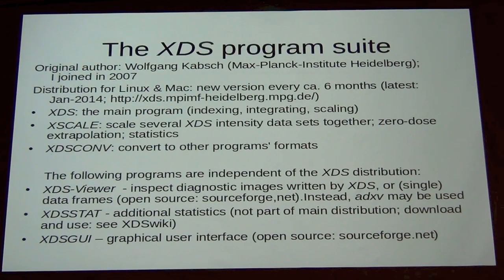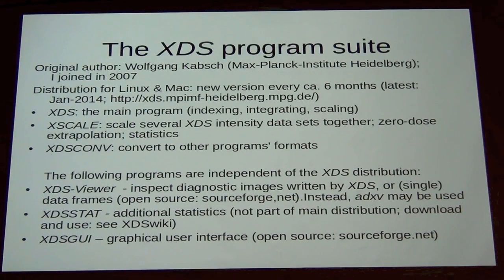And there are a number of associated programs. XDS Viewer is an open source program that serves to inspect the two-dimensional images, the control diagnostics that XDS writes out. You can also use it to look at single data frames. It's not very fancy at all, but XDSSTAT provides additional statistics that may be useful.